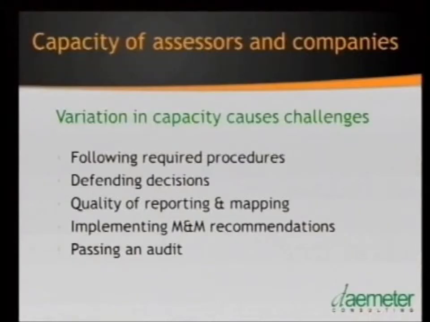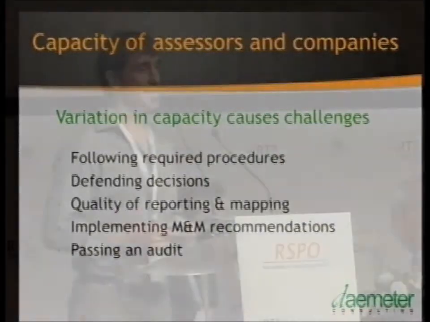I'm already over, I realize now, so I'm just going to speak to this question of capacity. There is enormous variation in capacity among assessors in their ability to carry out the HCV process, and this creates a number of problems related to the quality and credibility of the assessments that are done, and there's a lot that needs to be done to address that.